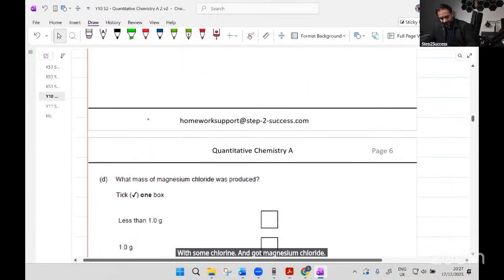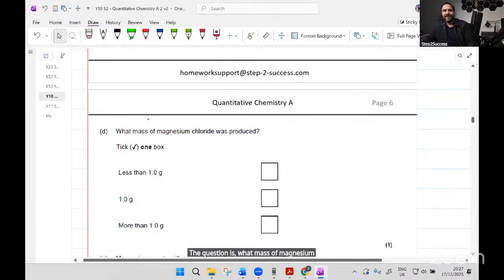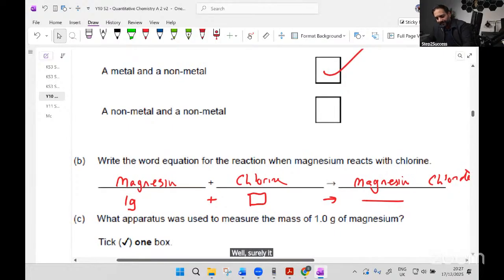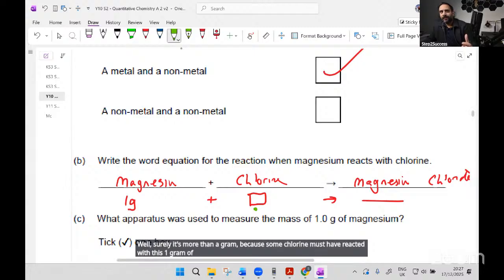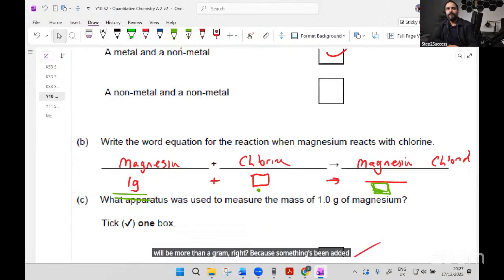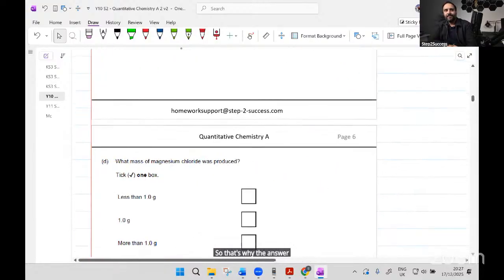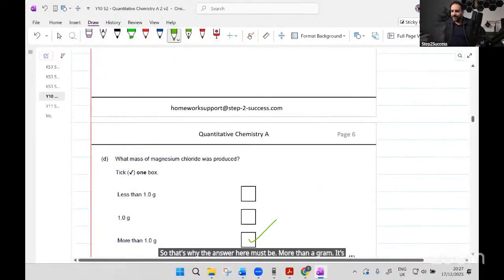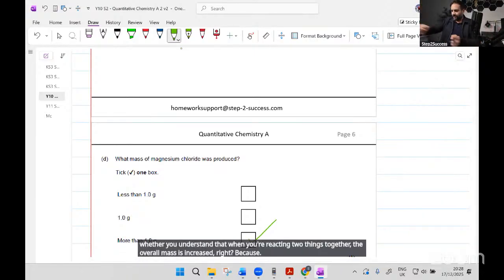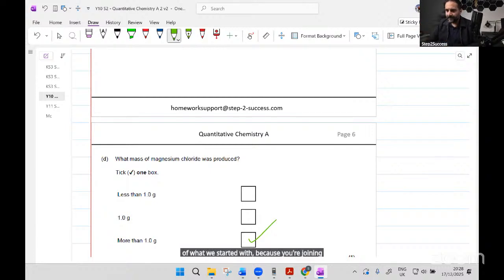The question is, what mass of magnesium chloride was produced? Was it less than a gram, or 1 gram, or more than a gram? Well, surely it's more than a gram, because some chlorine must have reacted with this 1 gram of magnesium. Even if it was a tiny bit, some reacted with it, which means that this number will be more than a gram, right? Because something's been added to that 1 gram. So that's why the answer here must be more than a gram. It's just testing whether you understand that when you're reacting two things together, the overall mass has increased, because you're joining them together.